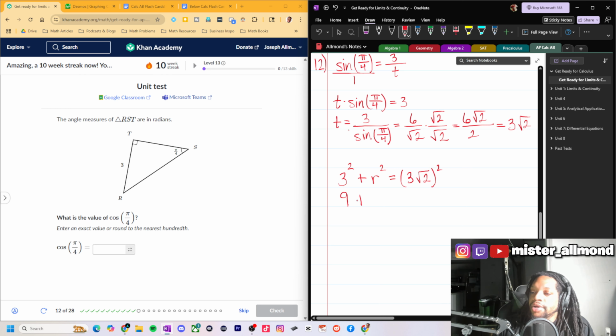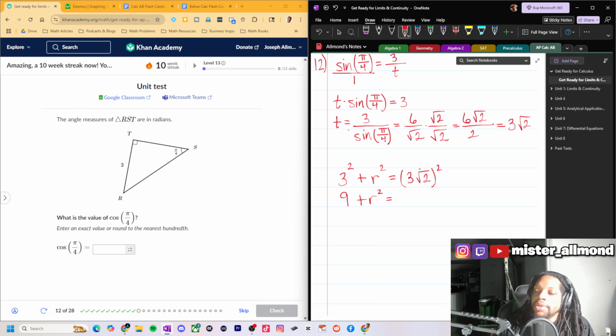So that's 9 plus r squared equals, if I square both of these, 9, and then root 2 squared is 2. So 9 times 2 will give me 18. Subtract 9 from both sides. I got r squared equals 9. And then r equals 3.